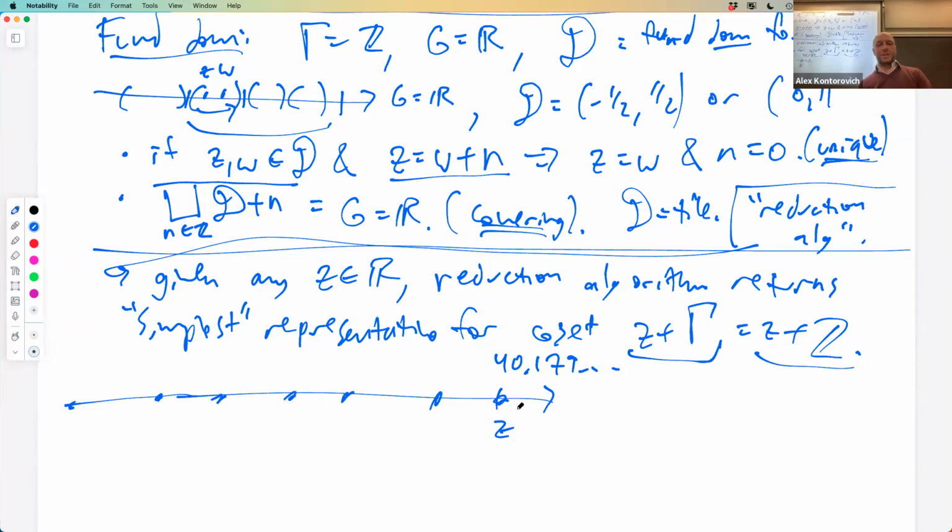And then what's the algorithm? Let's say this is our fundamental domain. What's the algorithm for finding the simplest representative? There's an element in here, let's call it z naught, that will be in our domain, at least for almost all z. There are some that will be missing, but for almost all z, there's some z naught that's actually in the domain.